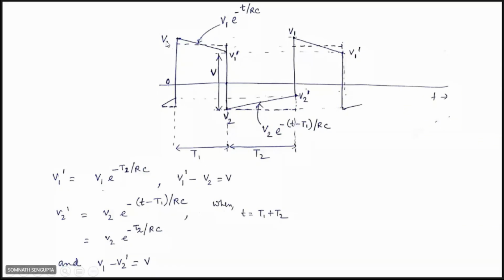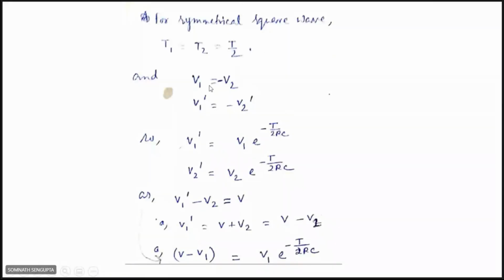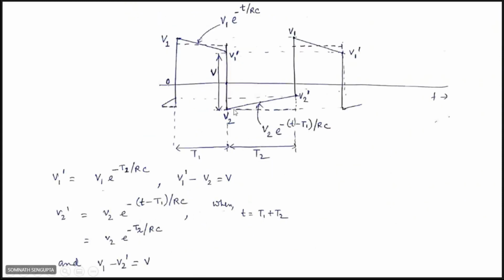So V2 would be equal to minus V1, say this is plus 2 volt and this will be minus 2 volt. Then V1 is equal to minus V2, and V1 dash is equal to minus V2 dash. So the lower voltage V1 dash is equal to minus V2 dash, that is equal and opposite.